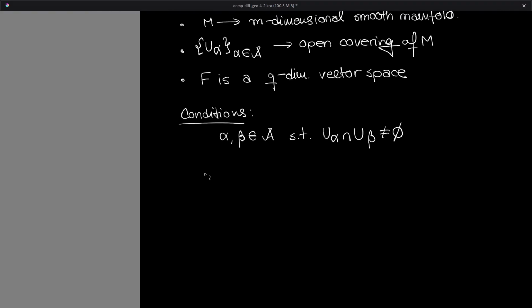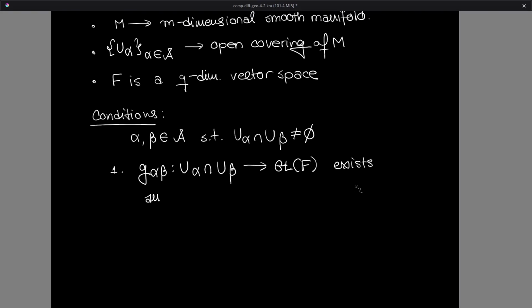And so the first condition is that G alpha beta from U alpha intersect U beta to GL F exists, and is smooth.